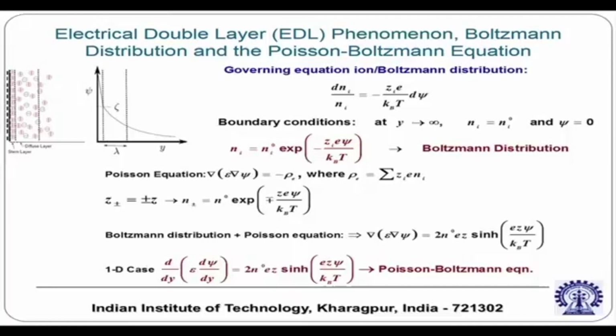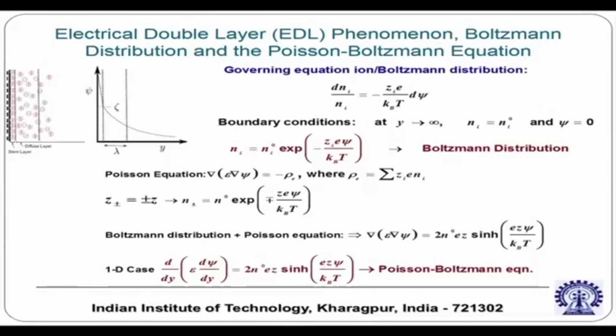Now the next example of modification in the nanofluidic domain that I will discuss is the electrical double layer phenomenon. How is it modified in the nanoscale purview?